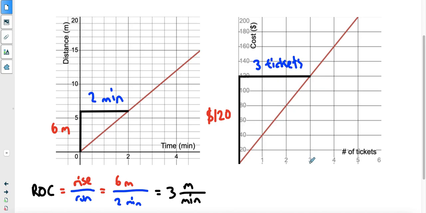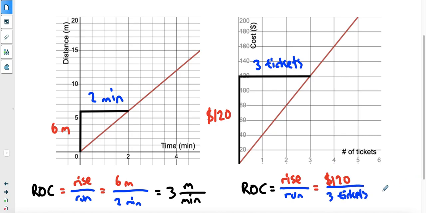And to find the rate of change, all we're going to do is take the rise. So we're going to take $120 here and then divide it by the run. So let's do that. $120 divided by 3 tickets is, 120 divided by 3, that's 40.